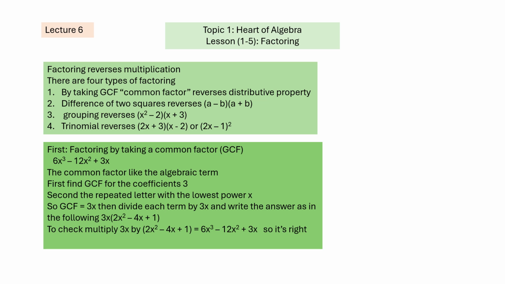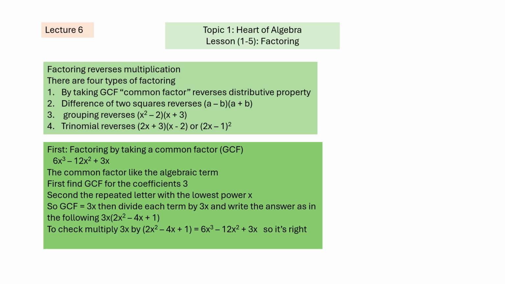Then divide each term by 3x and write the answer in the following form. When you take 3x common, the rest will be 2x squared, because 6x cubed divided by 3x is 2x squared. Negative 12x squared divided by 3x also gives negative 4x, and 3x divided by 3x is 1.